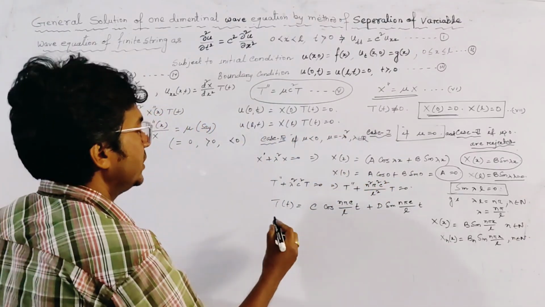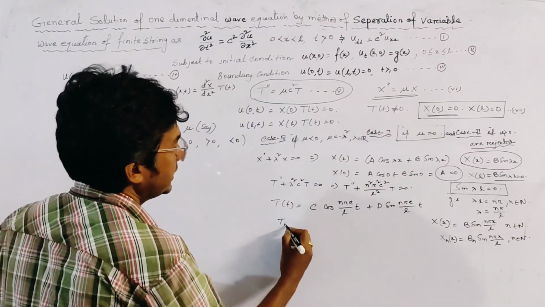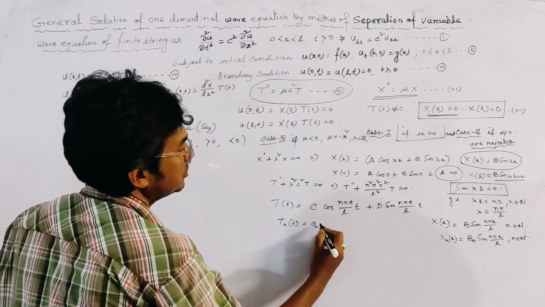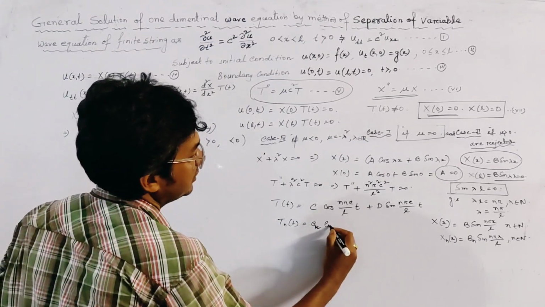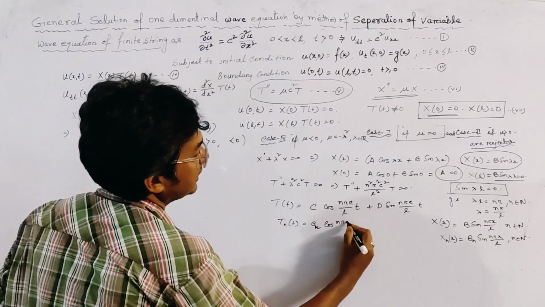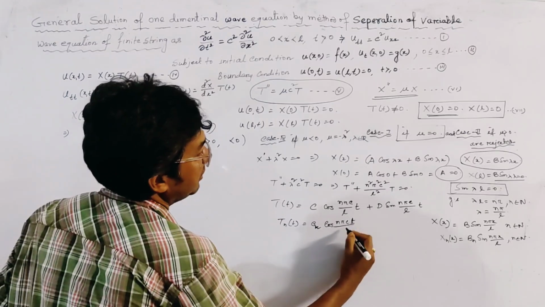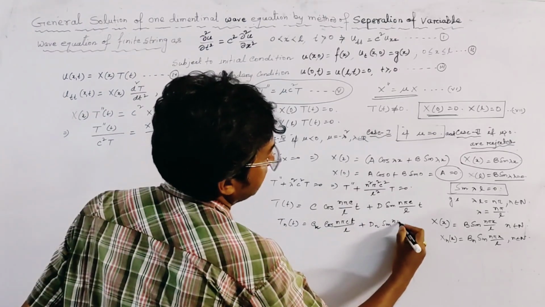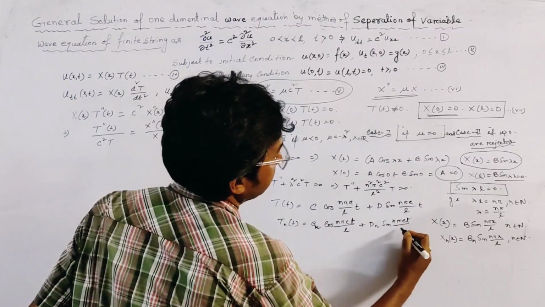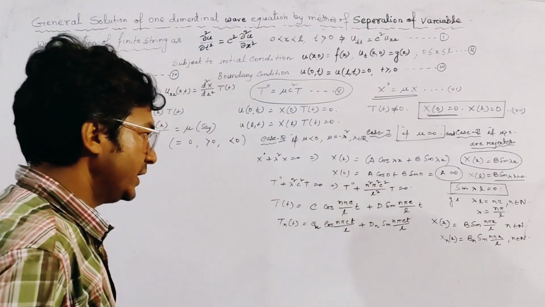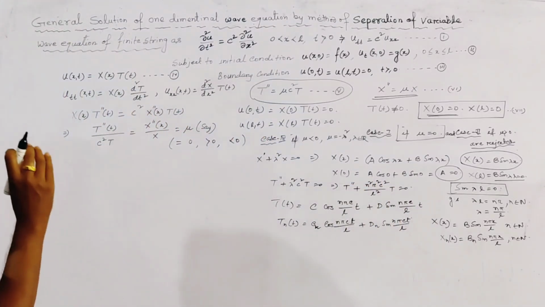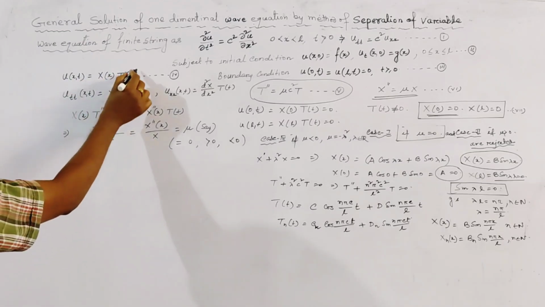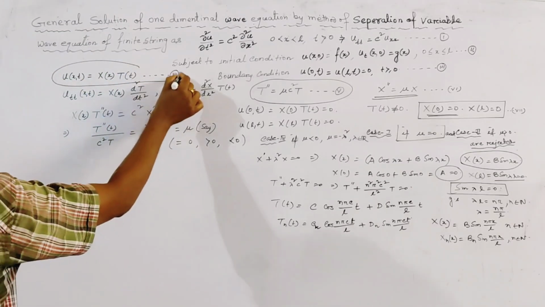Similarly, from this value we write T_n(t) equal to c_n cos(n pi c t by L) plus d_n sin(n pi c t by L). And we get the value of this from 4.